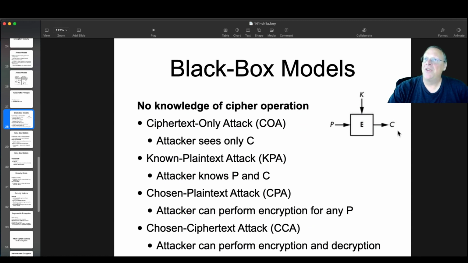They're pretty much all the same. So you know the plaintext of those things, so you can look at the encrypted version and you know what the plaintext is. Then you can have chosen plaintext, where I can actually feed in plaintext and it will encrypt it for me and I can see the ciphertext. And then chosen ciphertext, where I can perform encryption and decryption, and I'm trying to find the key.